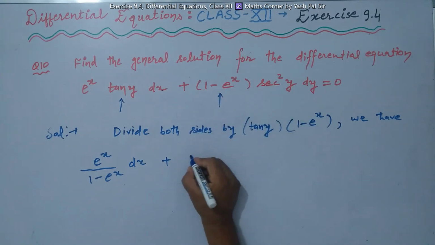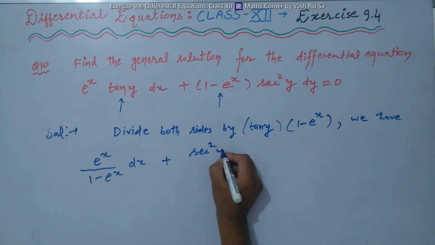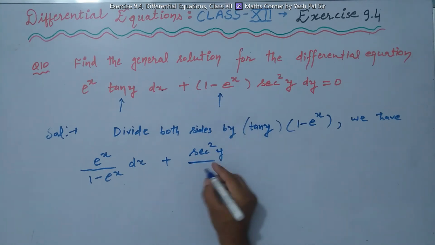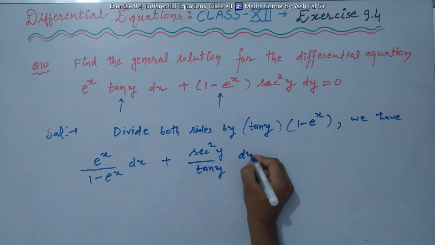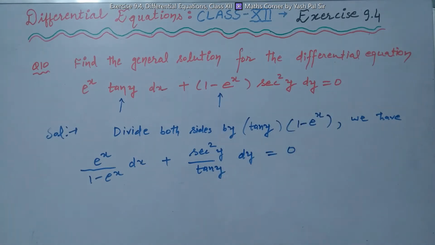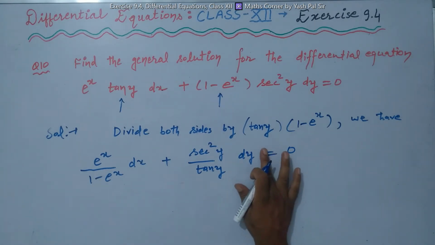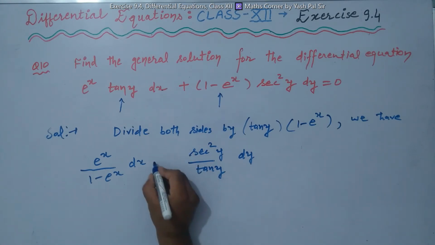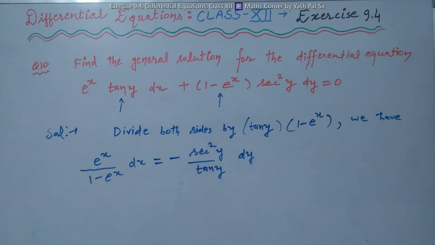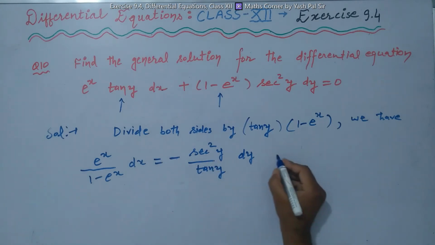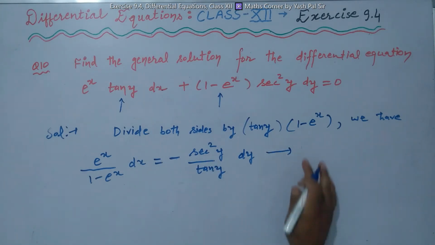We are left with secant square y, divide this tangent y into dy is equal to 0. Right? So what we can do here now, we can say this is equal to minus sign, taking this to right hand side. Now our next step is, this way we have separated the variables, right?